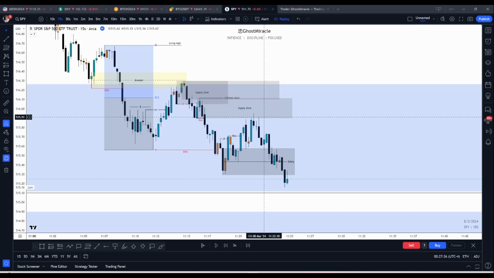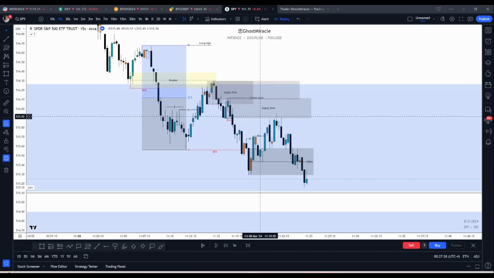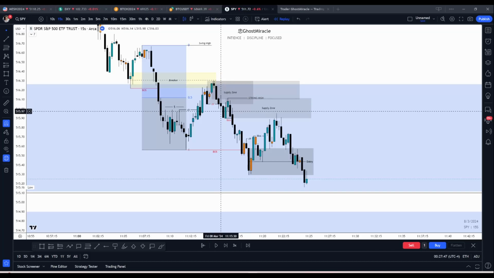So when price taps into here, which would be ideal for entry to the downside, you have mitigation that makes this a valid supply. Not only did it mitigate, but it also created an internal break, which made it a strong high on top of breaking the overall low.